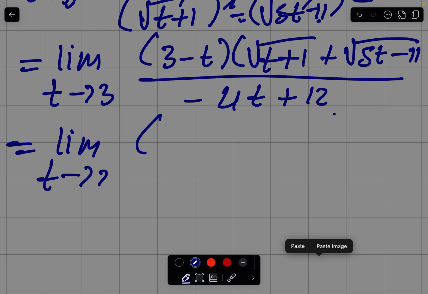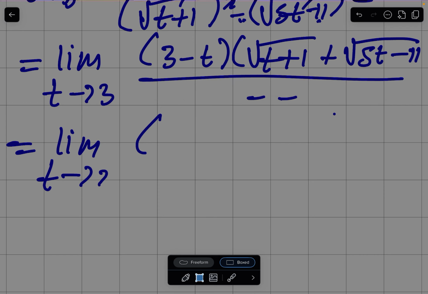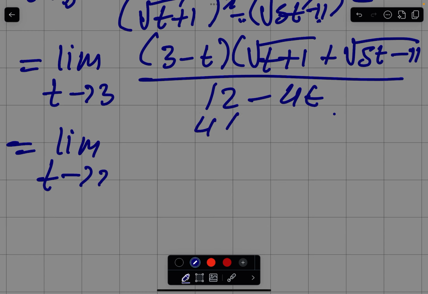Yes, it's common factor of 4. And this thing can be written as what? As 12 minus 4t. Therefore, you remove your common factor of what? You remove common factor of 4.